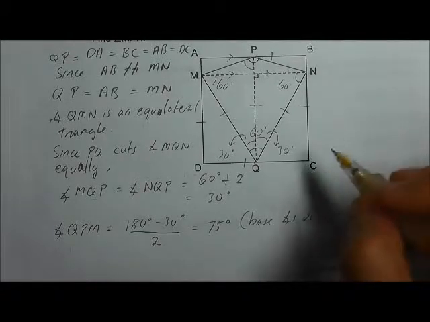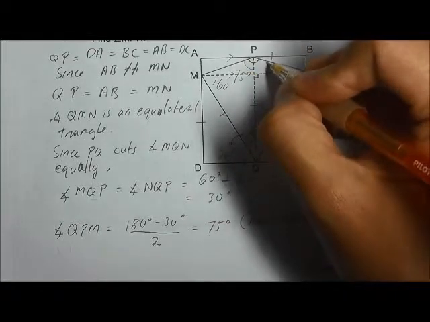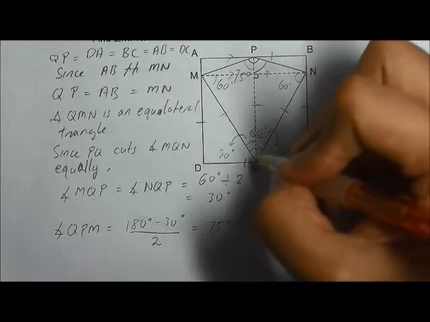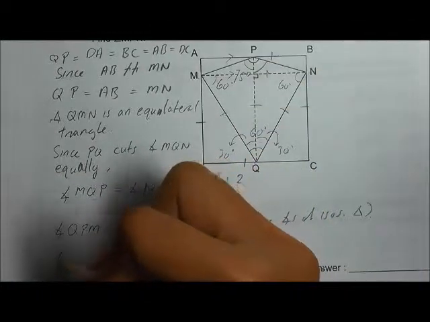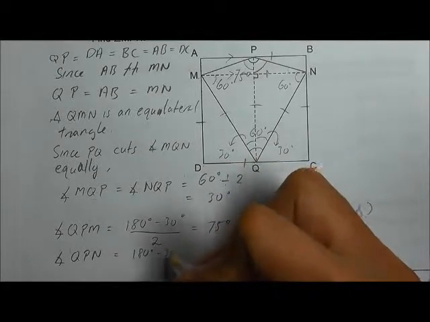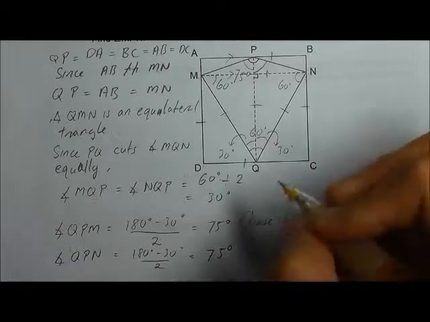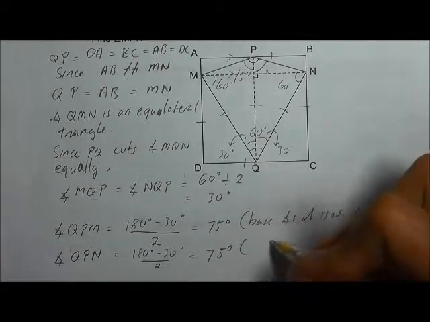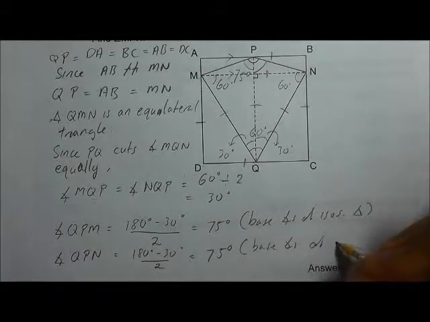Next we can find out what is this angle here, QPN. Angle QPN is equal to 180 degrees minus 30 degrees divided by 2. Same thing, we get 75 degrees, due to base angles of an isosceles triangle.